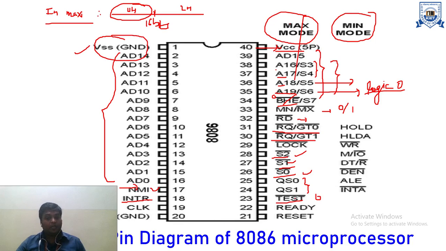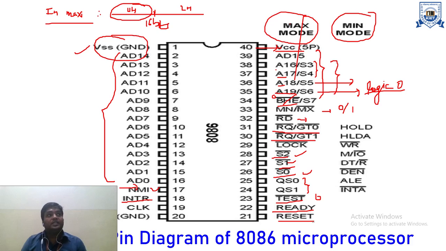That means until this pin is activated, the microprocessor will be in waiting condition. Now the next one is your ready signal. The ready signal tells the peripheral devices or external devices that the microprocessor is ready to perform communication. Reset pin is basically used to reset the hardware of the 8086 microprocessor.